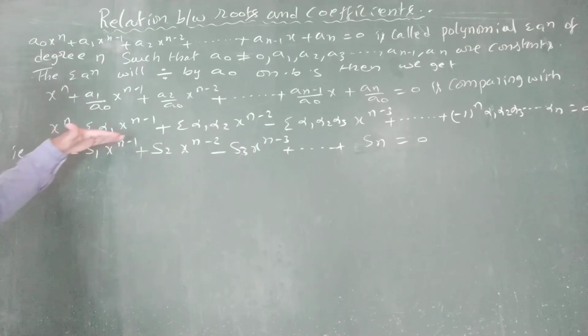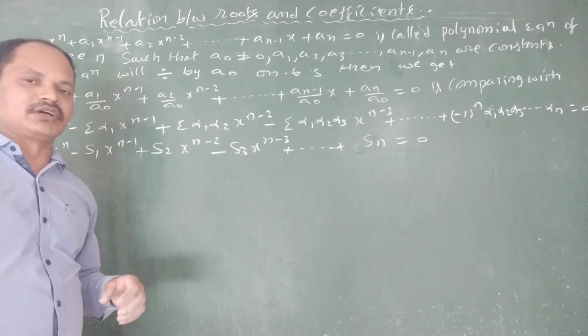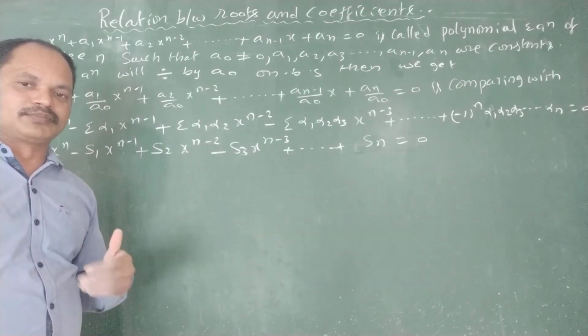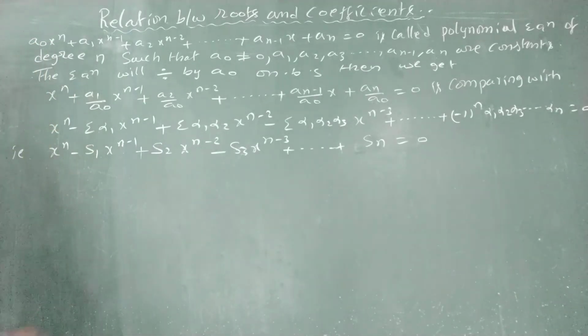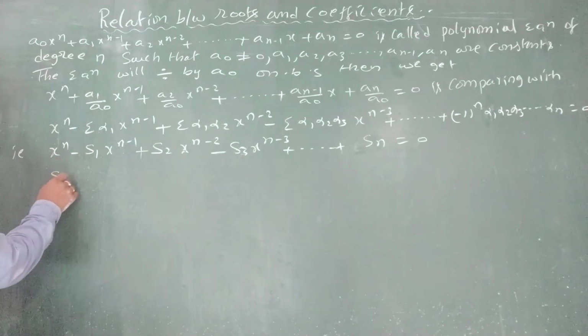In the previous videos, this represents the equation whose roots are alpha 1, alpha 2 up to alpha n. Now comparing them.